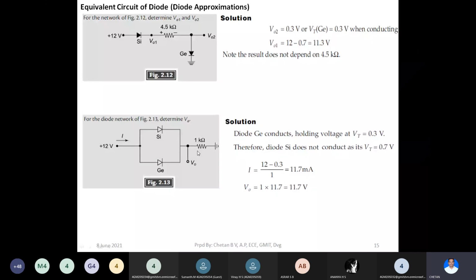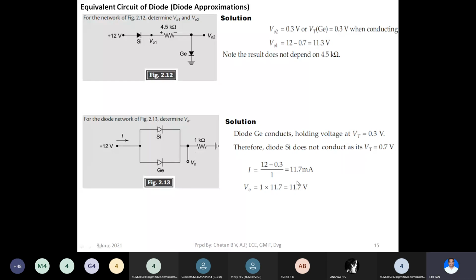Now after getting this capital I, if you try to find V naught, V naught is simply the voltage just at this node, or it is simply the voltage across this resistance 1 kilo ohm, right? So how do you find the voltage across this resistance? You have to simply multiply the current capital I with this resistance.